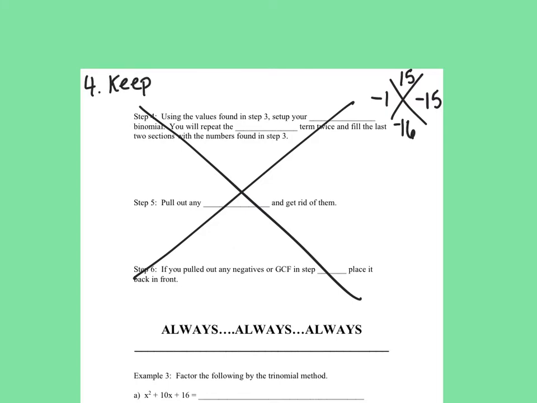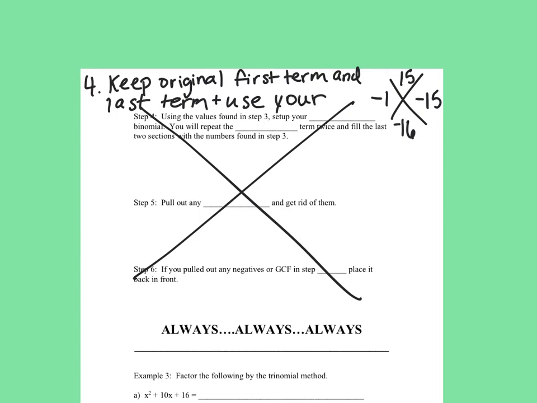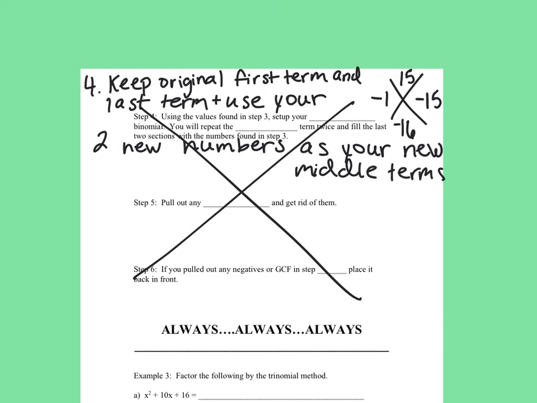Keep original first term and last term, and use your 2 new numbers as your new middle terms. Sorry, I could have made that simpler, but I did not.